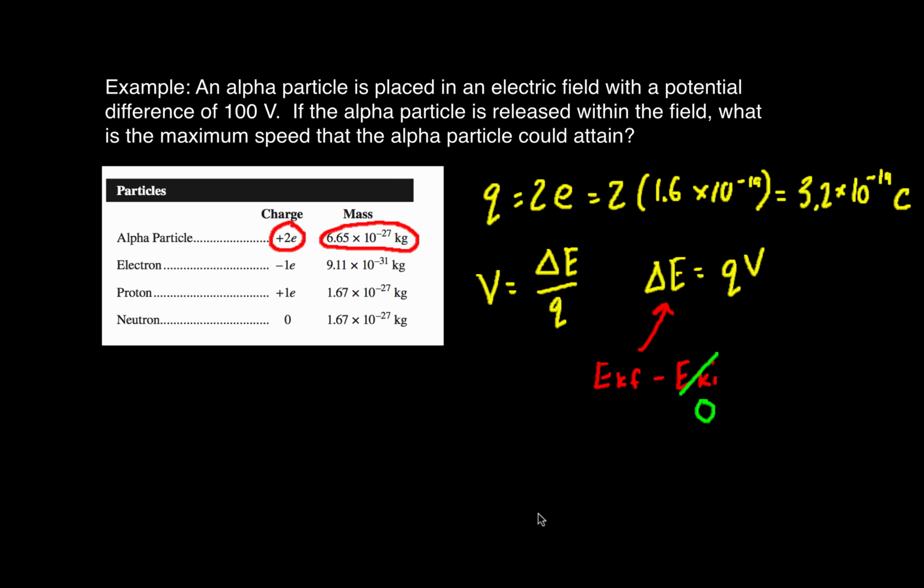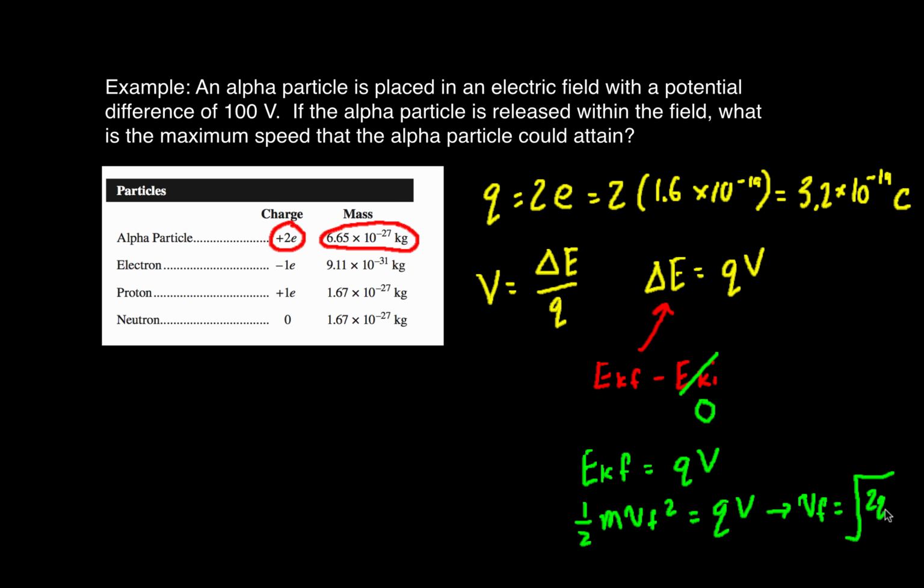And the change in energy is just EKF. This means EKF equals QV, or 1/2 mVF squared equals QV, which gives us VF equals the square root of 2QV over M.